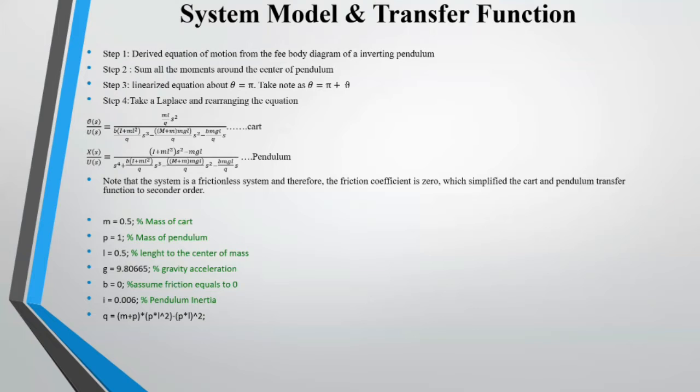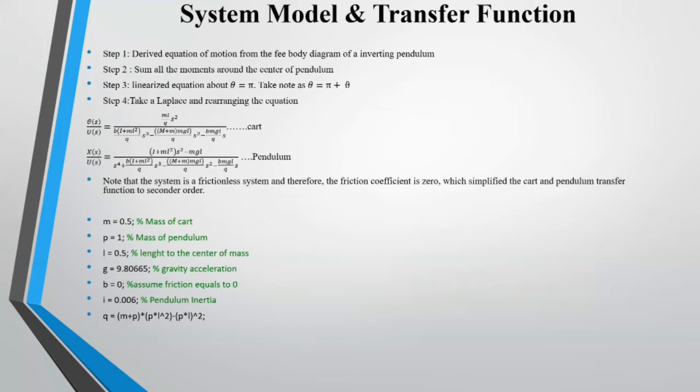So, system model and transfer function. To design the transfer function of a system, we follow certain steps, 1 to 4. In the first step, we derive the equation of motion from the free body diagram of the inverted pendulum.